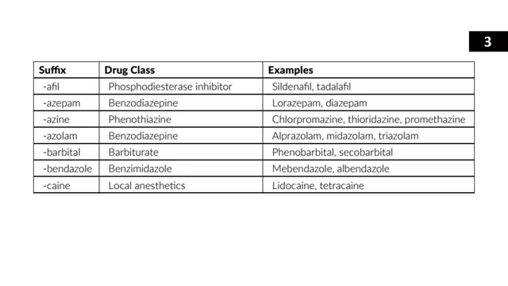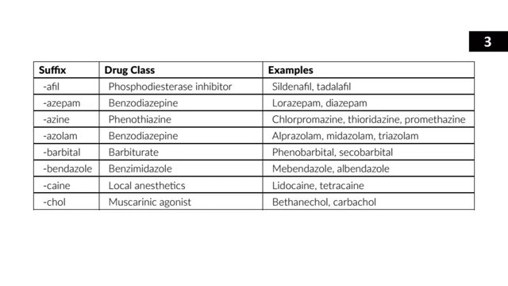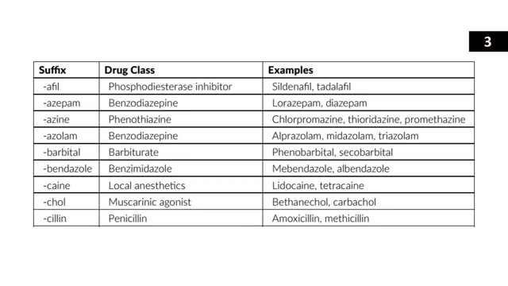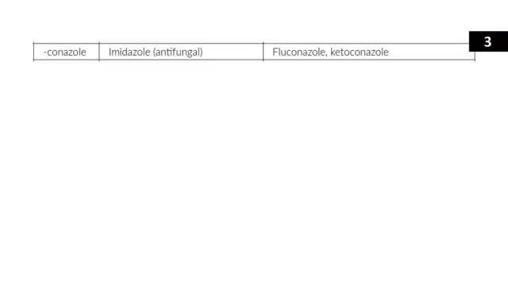Caine are the local anesthetics, like lidocaine and tetracaine. The next one is col. If you see col, you'll know it's a cholinergic agonist, like muscarinic agonists, like bethanechol or carbachol. Cillin are the penicillins, like amoxicillin or methicillin.